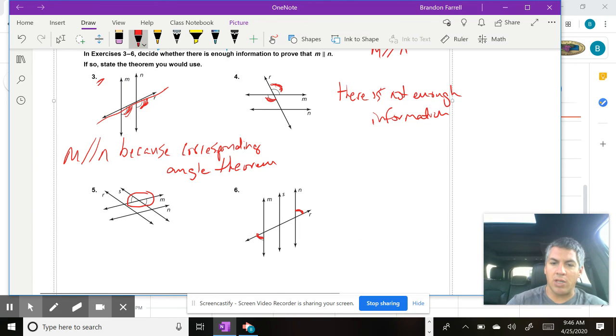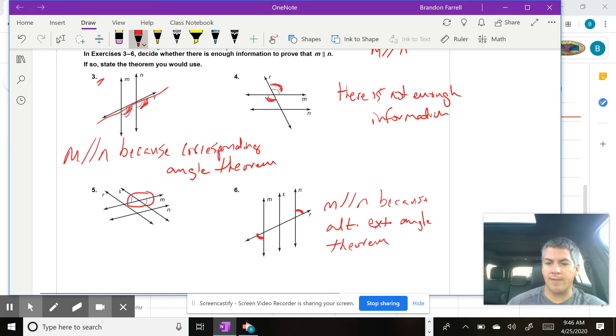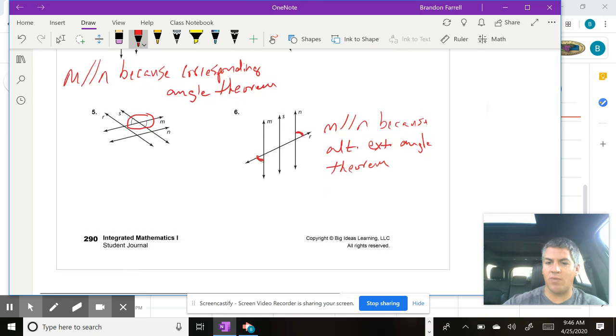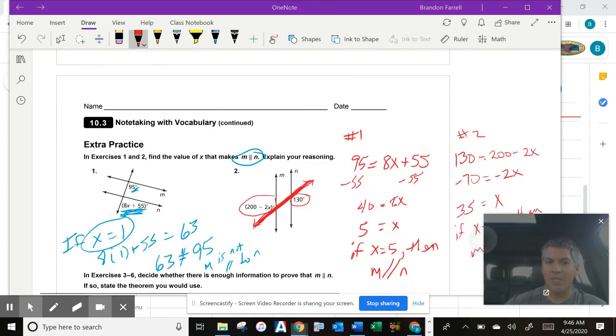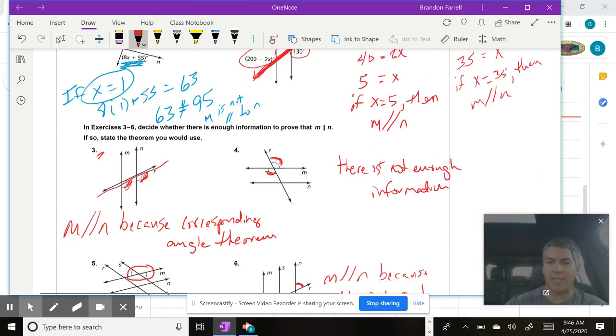So we're going to be looking at this as M is parallel to N because of the alternate exterior angle theorem. Okay, and that's exactly what we're looking at doing for the extra practice on 10.3.